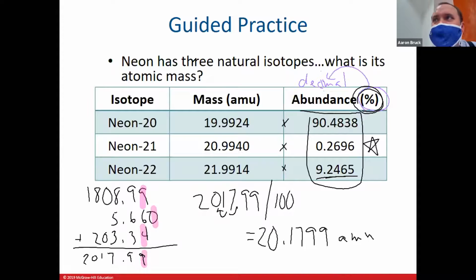I can't tell you how many times people have not divided that one correctly and come up with way wrong answers because instead of putting in 0.002696, they put in 0.02696 or didn't solve it at all. Saving that division to the end minimizes some of that random mistake error.